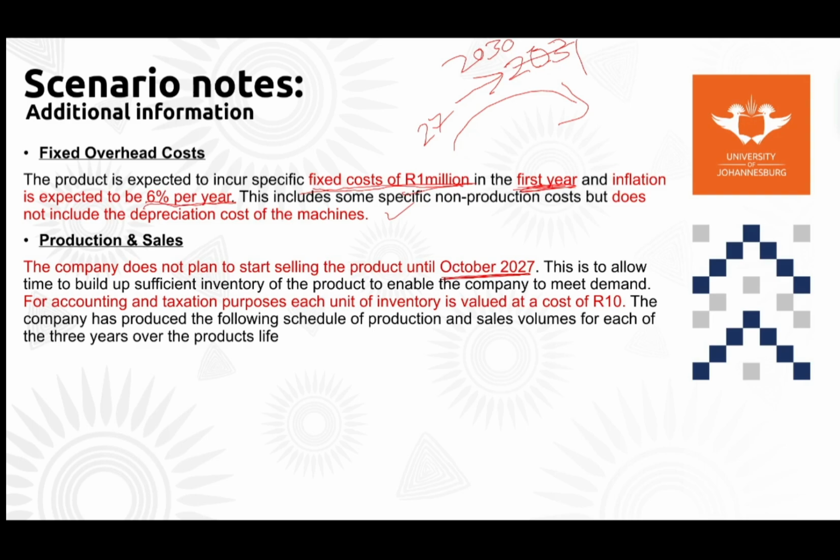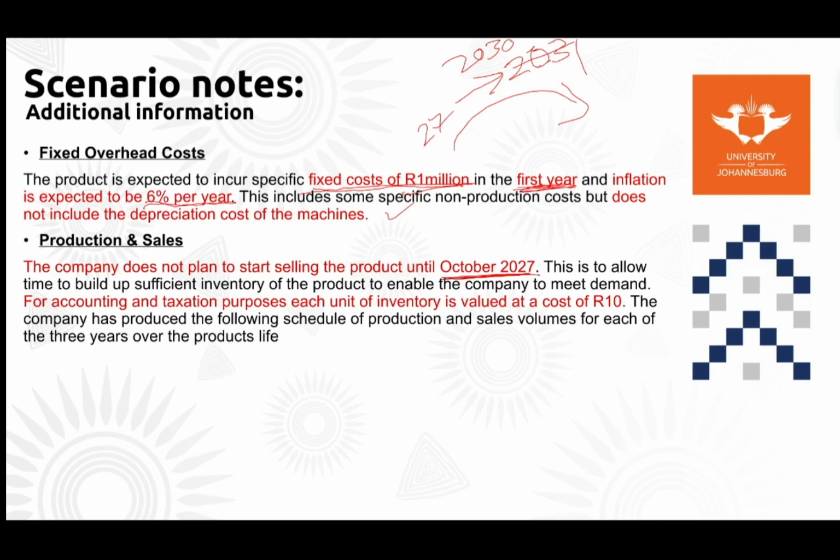They are working the machines, and there may be a bunch of trial and error that they need to do. So as just a caution, they decided to map it out up until October 2027, right? This will allow time to build up sufficient inventory as well.